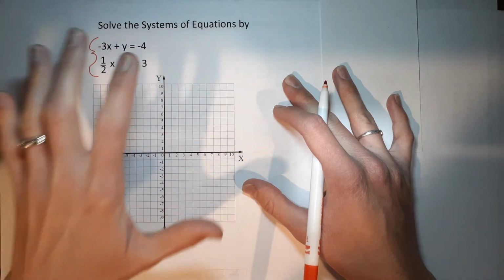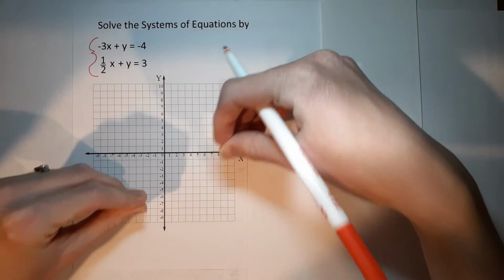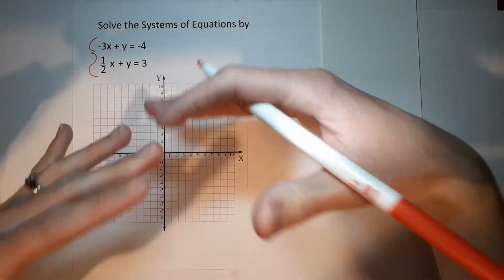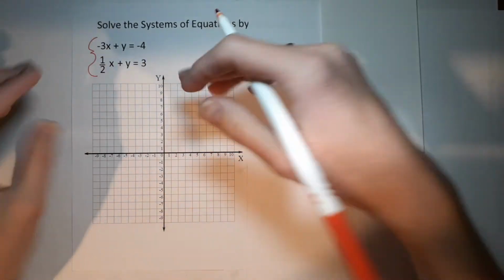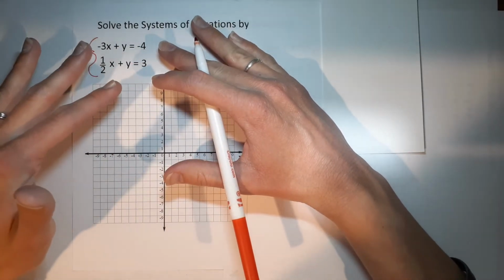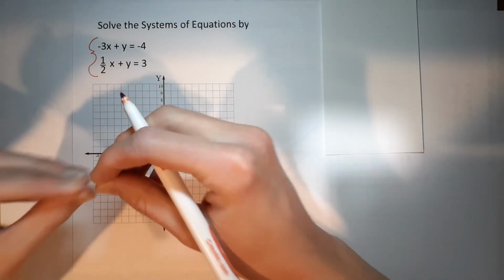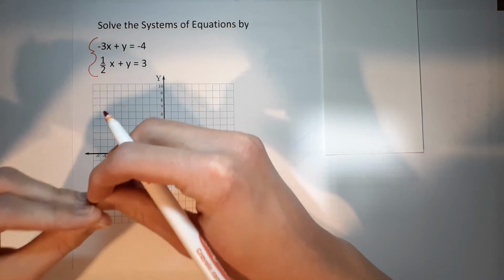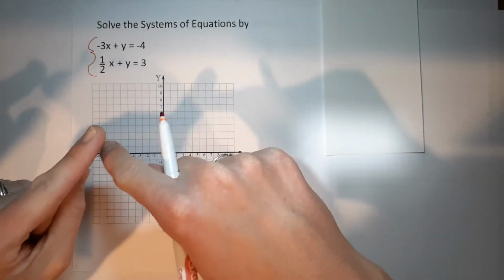Now, when you graph a line of an equation, it is showing you all the possible answers to that equation visually. That's why we graph those lines. It shows you all the answers. So if I graph both of these, it's showing me all the answers to each of them. So where it crosses, that is where it's the same answer for both, because they both have that answer. Does that make sense?